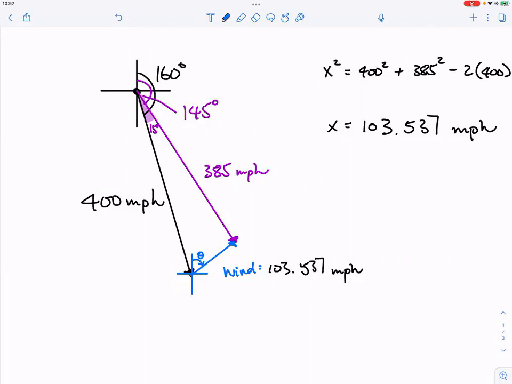To find out the rest of the angles here, you can use the law of sines to find out the other two angles. So you could do that. You could find out this big angle. You could. But if you have that, how do you get theta then?